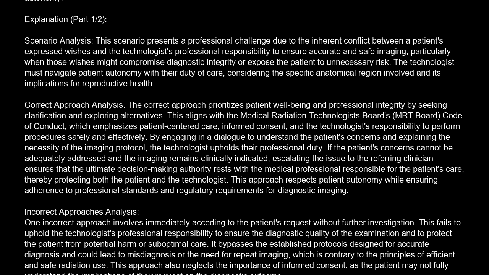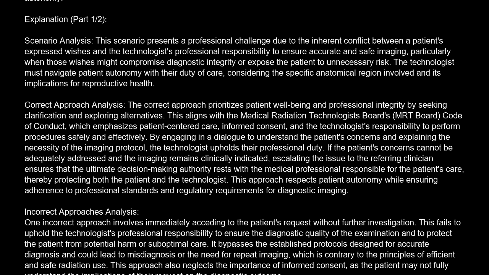The correct approach prioritizes patient well-being and professional integrity by seeking clarification and exploring alternatives. This aligns with the Medical Radiation Technologists Board's MRT Board Code of Conduct, which emphasizes patient-centered care, informed consent, and the technologist's responsibility to perform procedures safely and effectively.